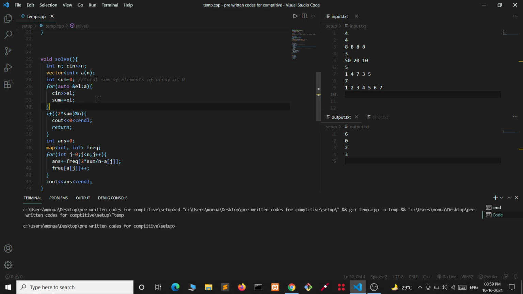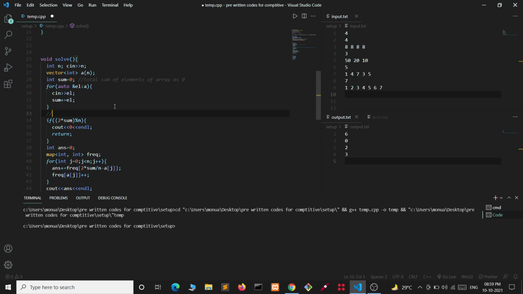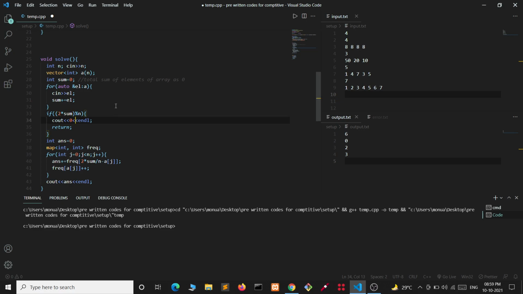Then we take input of all elements and increase the sum by each element. After it we get the total sum. If 2 times sum modulo n leaves a remainder, then we know the answer will be 0, because we cannot find any ai for any value of aj. Then answer equals 0.